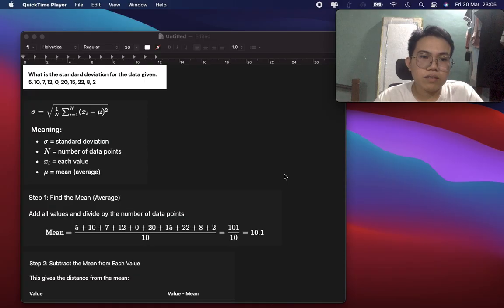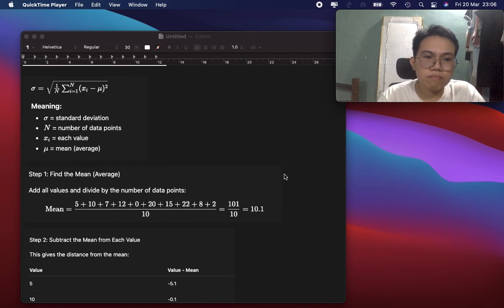The standard deviation formula is the summation of all data set values minus the mean, squared. We sum them all up, take their average, and take the square root.